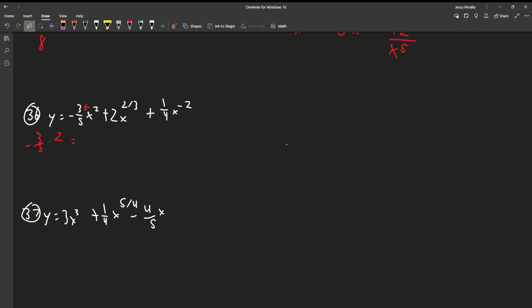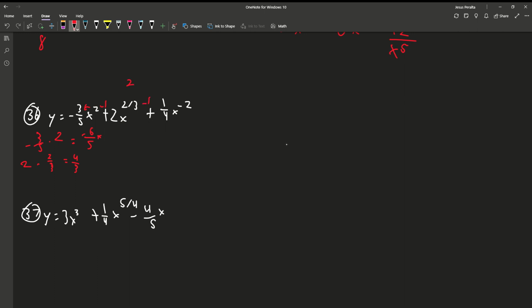Anyways. Do that. Negative 3 times 2 is negative 6. Negative 6 over 5. Yeah. And x. Subtract 1. So you're just going to have negative 6 over 5x. Then 2 times 2 over 3 is the same thing as 4 over 3. When I say same as, I mean is equal to, alright?